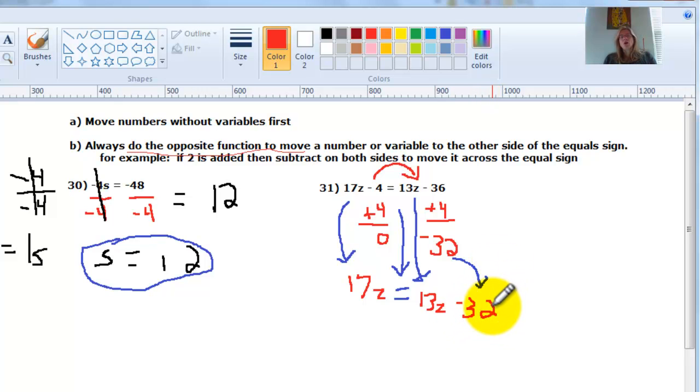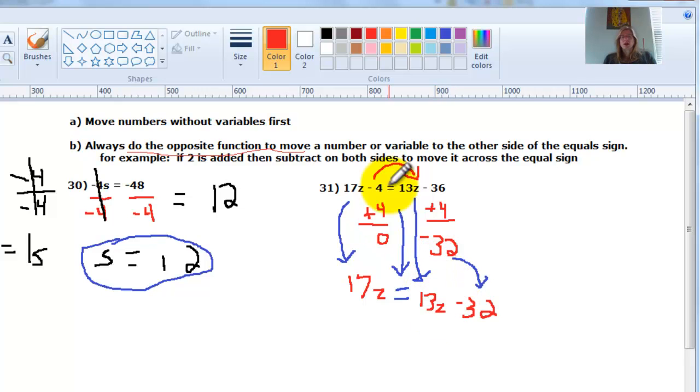Alright, so now we started with moving numbers. Now because we have a letter here, we need to get the letters on the same side. So we're going to move the 13z.